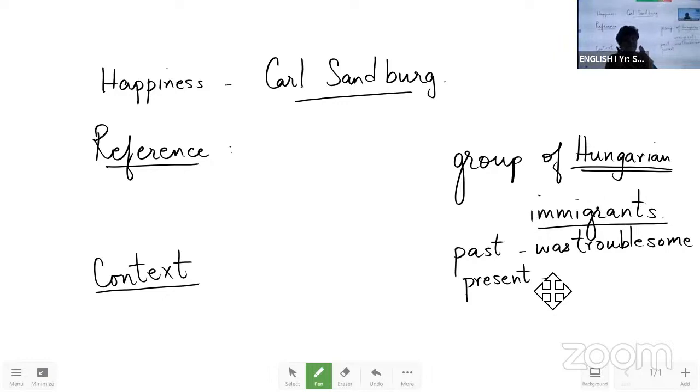Language is the main problem. If you cannot communicate with others properly, and naturally, those who have been compelled to leave are mostly the poor and the illiterate, who are the main sufferers of being an immigrant. So, present also, to adjust yourself to the new environment is troublesome.